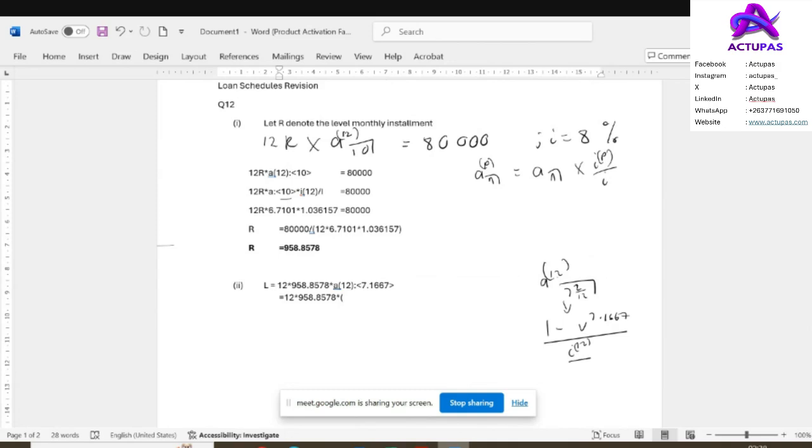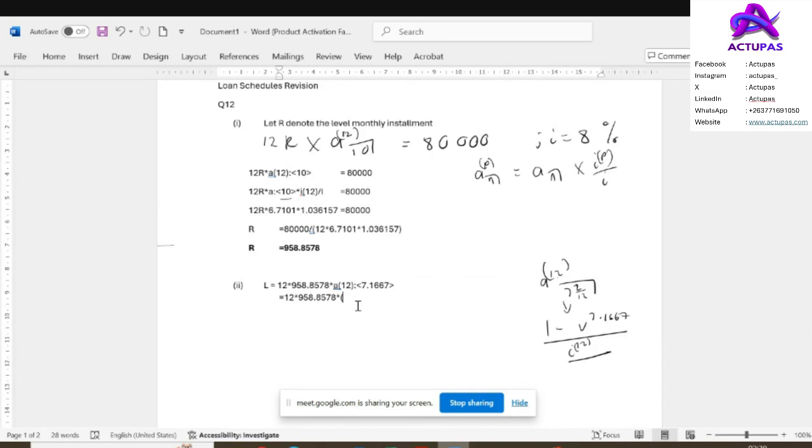So this would be your formula, and we want to write it as you would write it in an exam. Okay, something going on here, my computer is frozen.